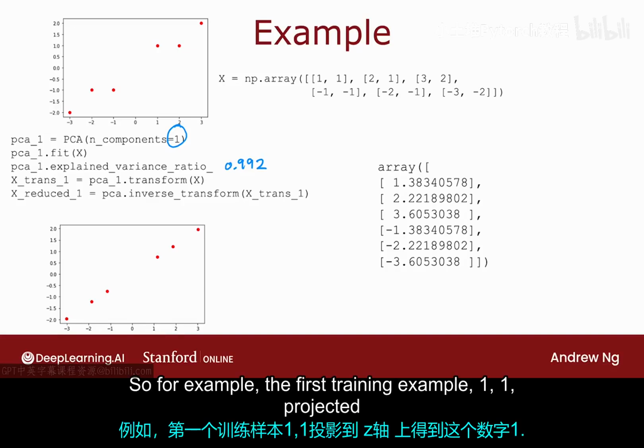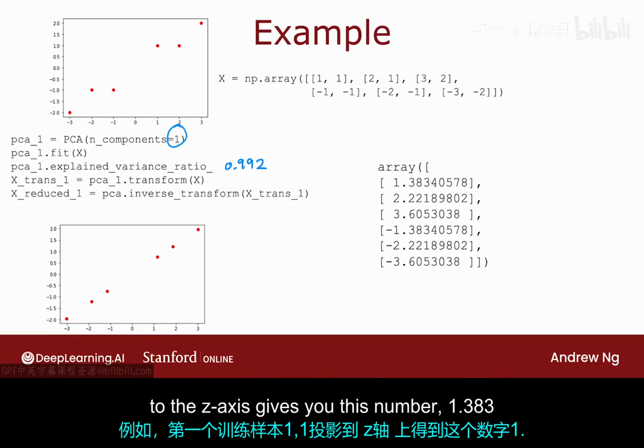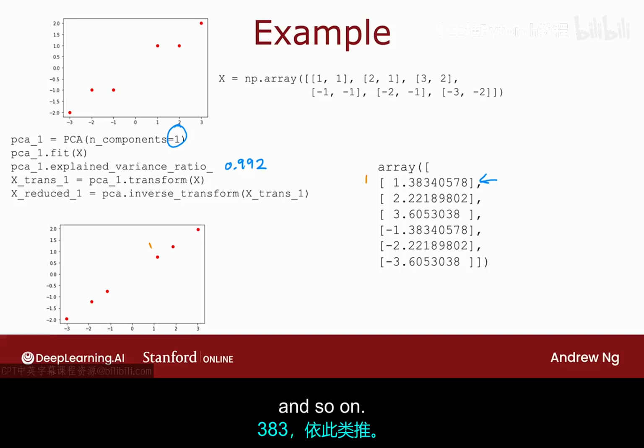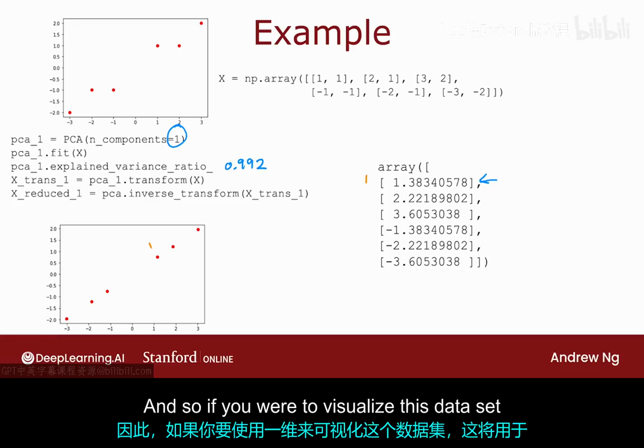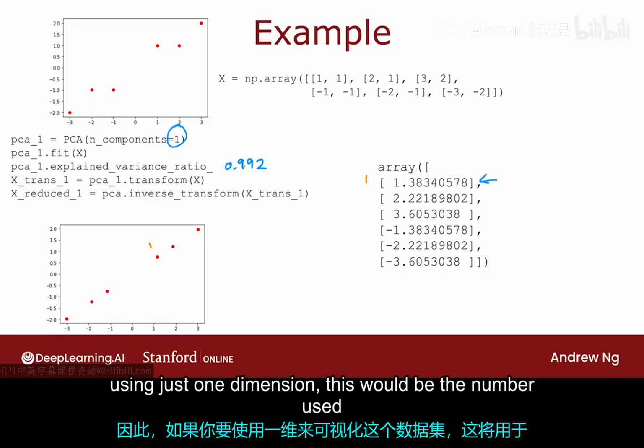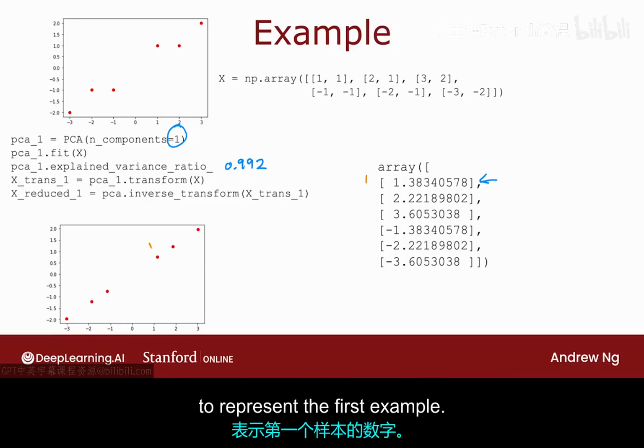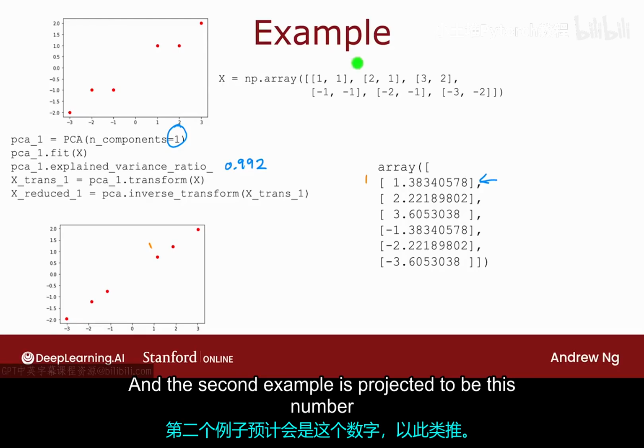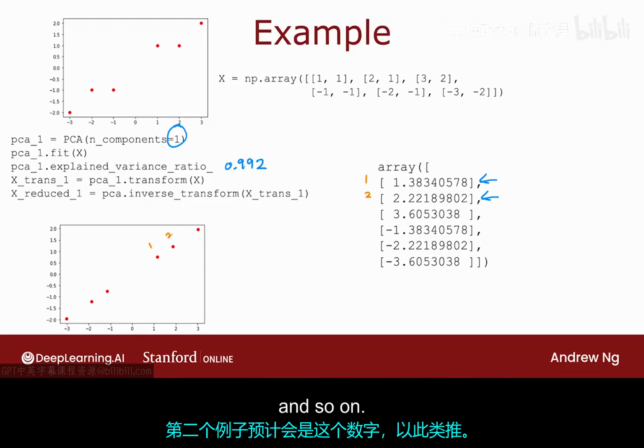So for example, the first training example, 1, 1, projected to the z-axis gives you this number, 1.383, and so on. And so if you were to visualize this dataset using just 1 dimension, this would be the number used to represent the first example. And the second example is projected to be this number, and so on.